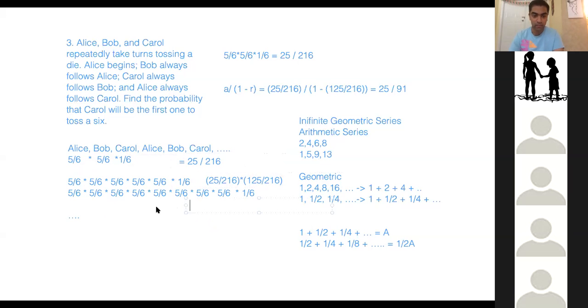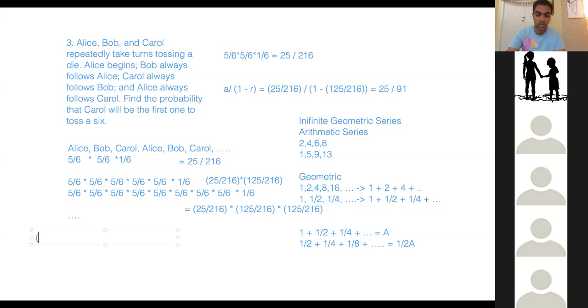And the third time is equal to 25 over 216, corresponding to the last three, times 125 over 216, times another 125 over 216. So these three terms correspond to 125 over 216, these three are 125 over 216, and the last one is 25 over 216. Now what is the sequence that we're trying to sum?